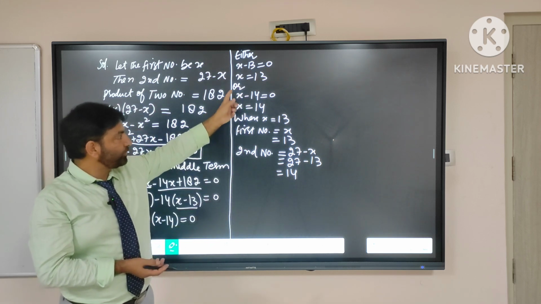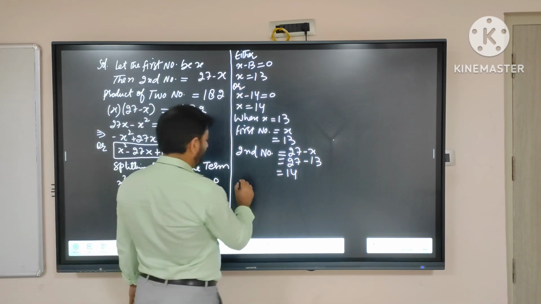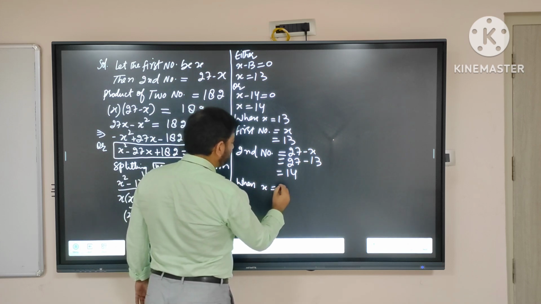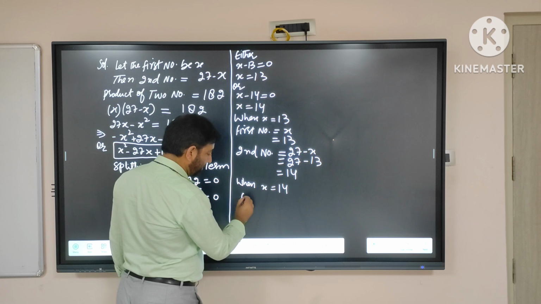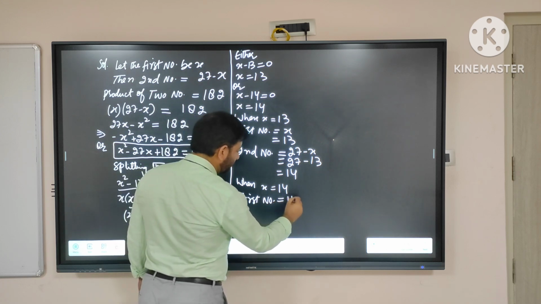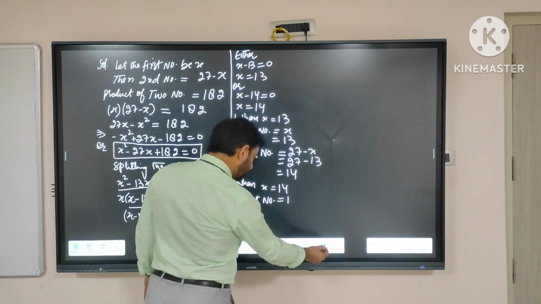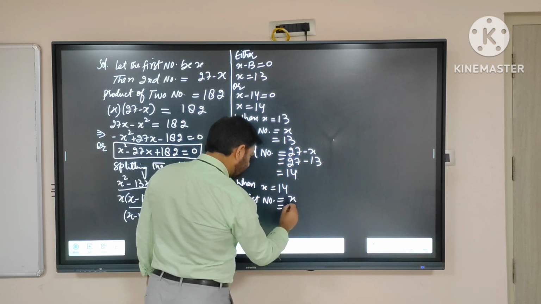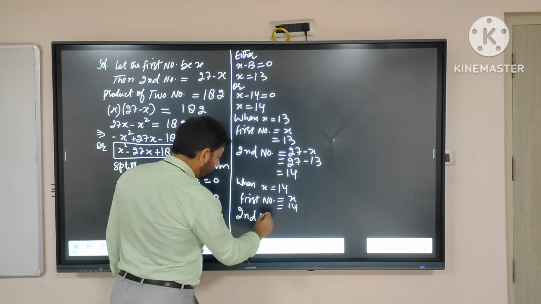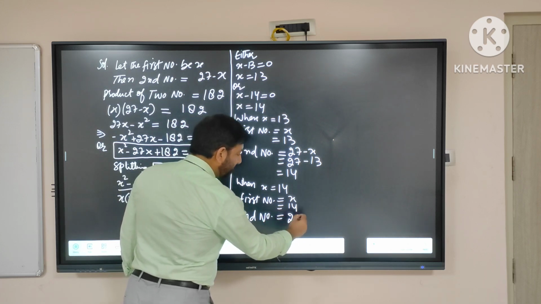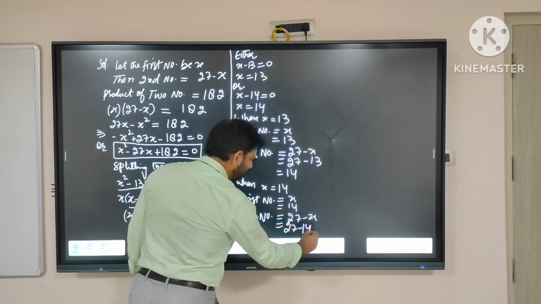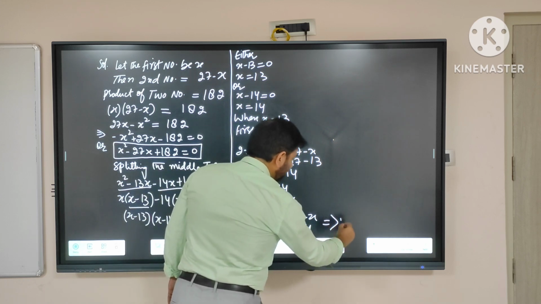Because we have two values for x, we can also say when x is equal to 14, then the first number will be equal to x, and that is 14. Second number would be 27 minus x, that is 27 minus 14, and that is equal to 13.